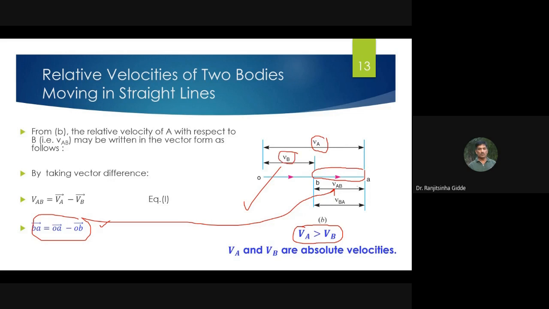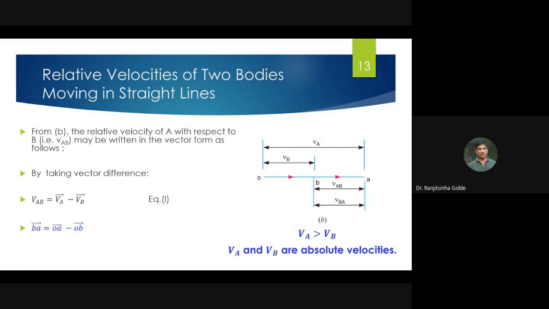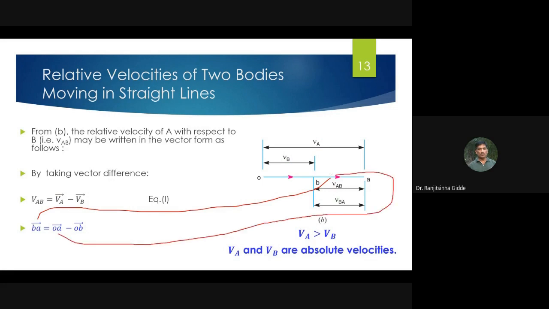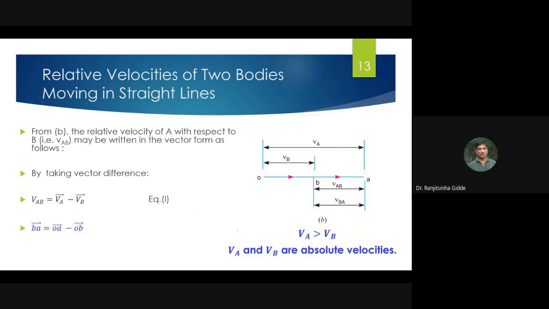So this part, that is BA, just listen carefully, OA and OB. This segment minus this segment, and that will give BA. Right?